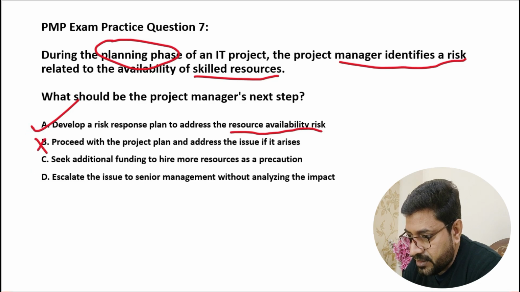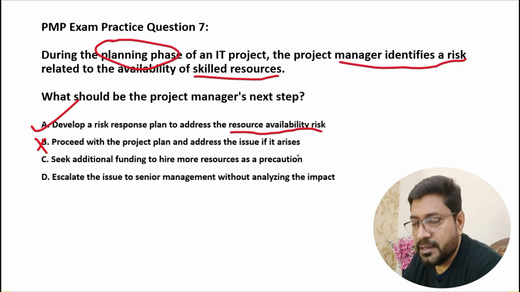Okay, C, seek additional funding to hire more resources as a precaution. Now because we are in the planning phase, seeking additional funding to hire more resources as a precaution will not help, because the risk is something else, not the funding.